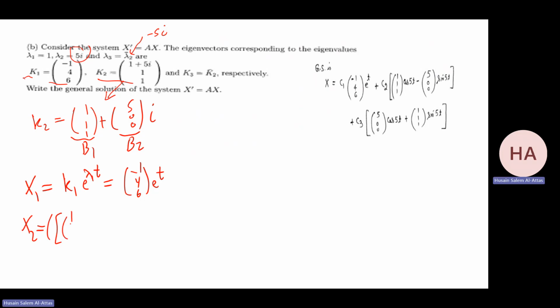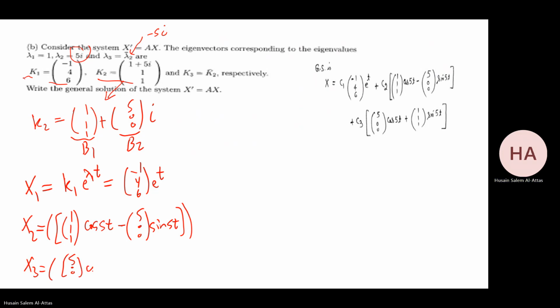B1 111 cosine 5t minus 500 sine 5t. Plus X3. Now that will be 500 cosine 5t plus 111 sine 5t.